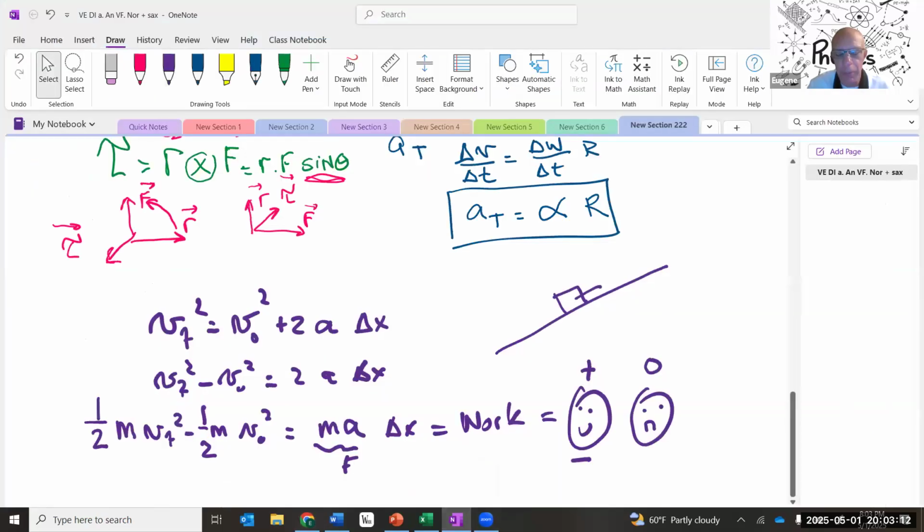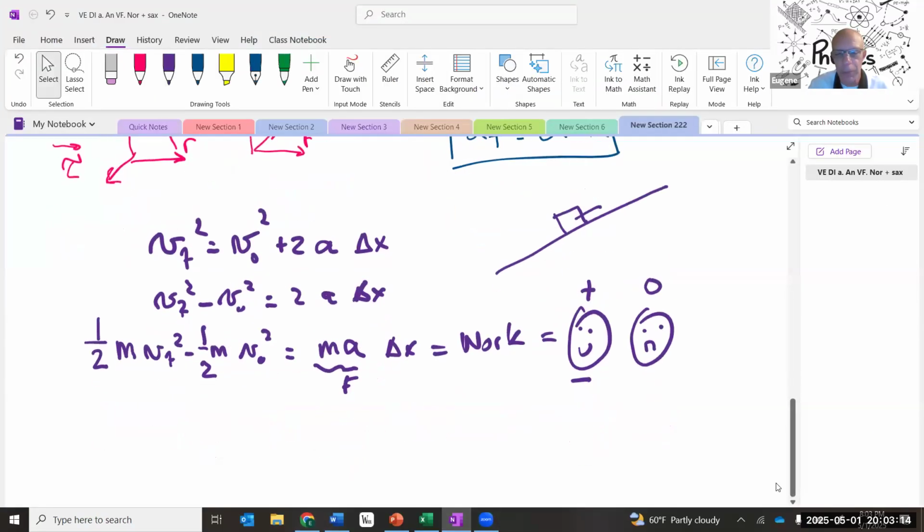Now that I have basically covered everything that we were supposed to cover so far, let me talk a little bit about potential energy. So this is kinetic energy, and potential energy is something that is above the ground, at a certain height. If I have an object here, it has a certain height.